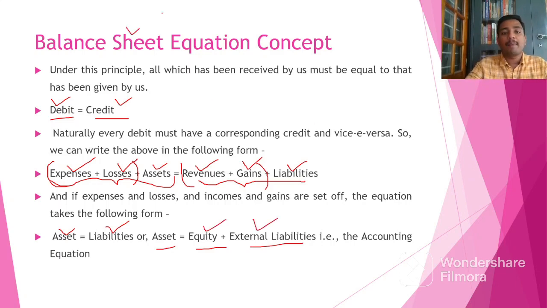So that is what is meant by the accounting equation. It all comes from the duality principle, that is all the transactions have two aspects, the debit aspect and the credit aspect. So what is the accounting equation? Assets are equal to liabilities plus capital, that is the balance sheet equation.